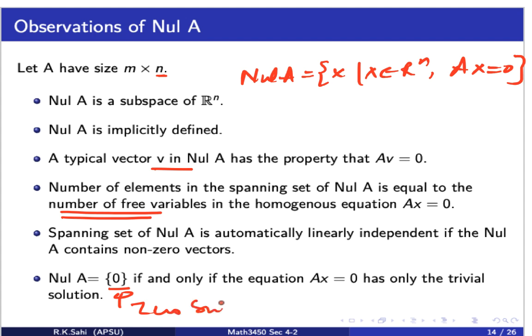If it is the 0 subspace, it means it only has the 0 vector. If you remember, it is a trivial subspace. So if my null space is only a trivial subspace, containing one element, the 0 vector, then that is only going to happen if the homogeneous equation Ax equal to 0 has only the trivial solution.